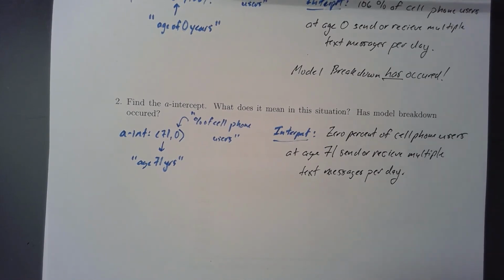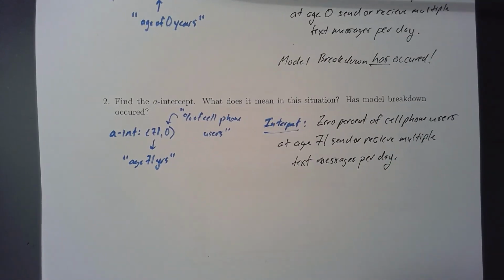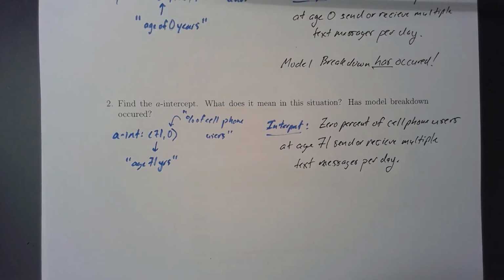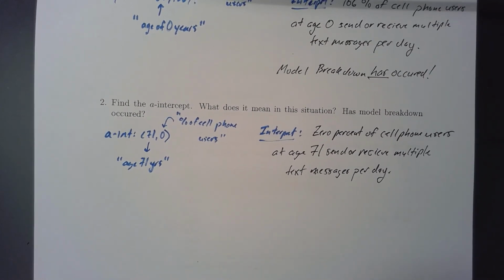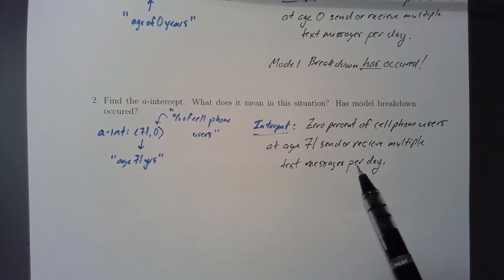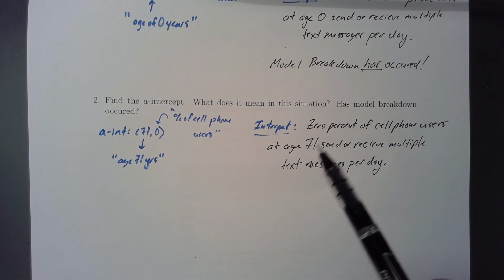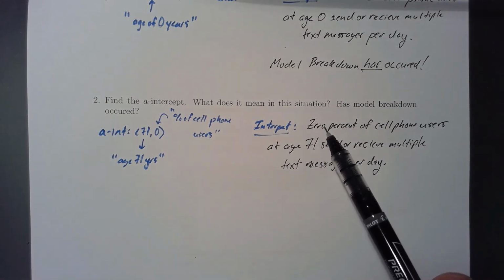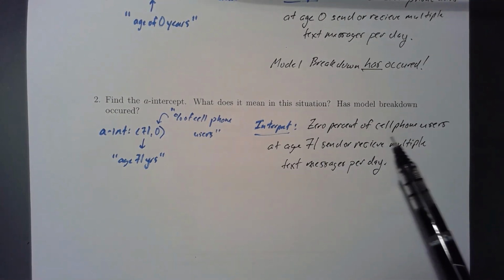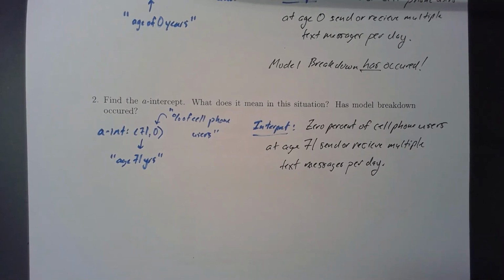Is this model breakdown? Well, it is. Why is it model breakdown? Think about this result. This is saying that nobody at the age of 71 sends or receives a text message.